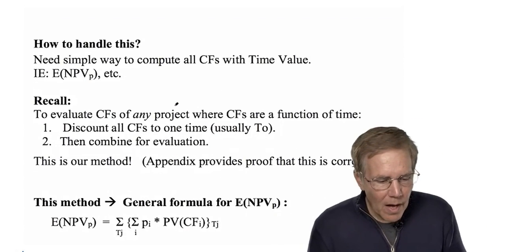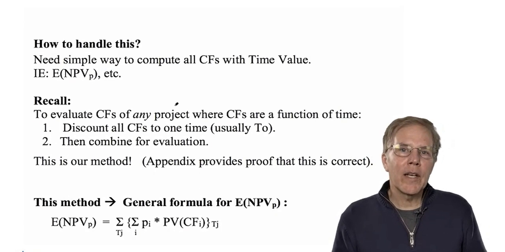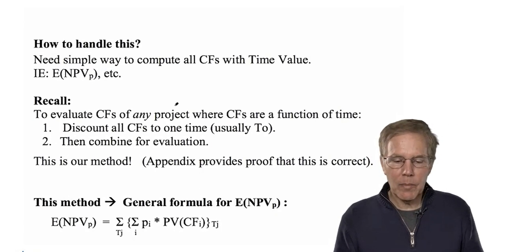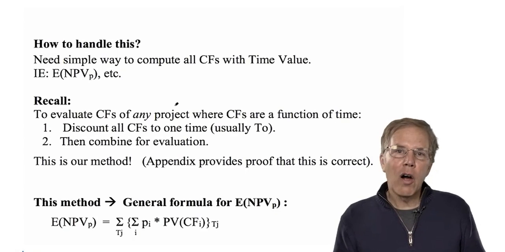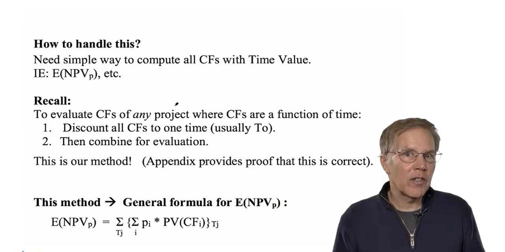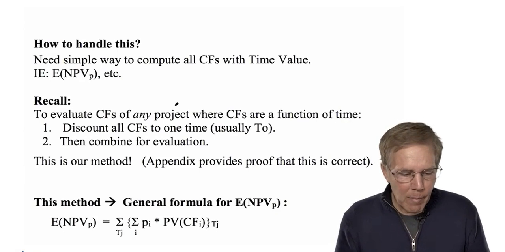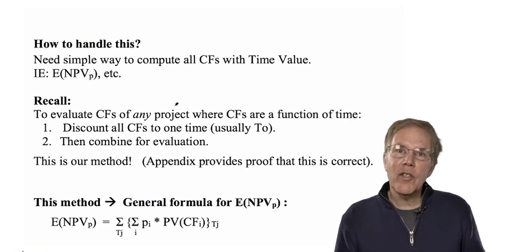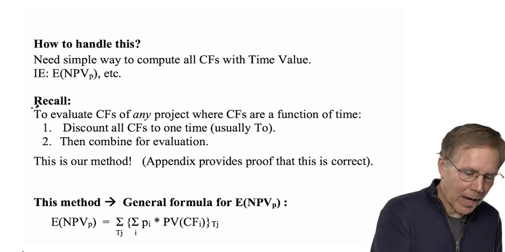Okay. So how do we want to handle time value? We need some simple way to compute all of our cash flows for this project for one player considering time value. And there's actually a really simple way to make this happen.